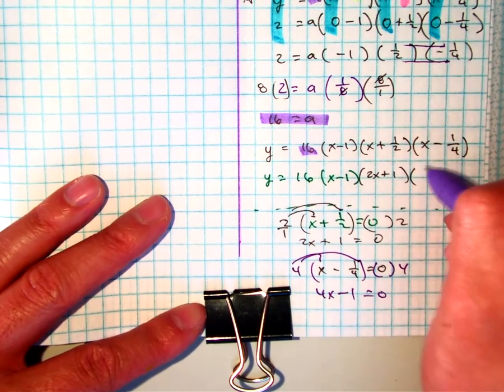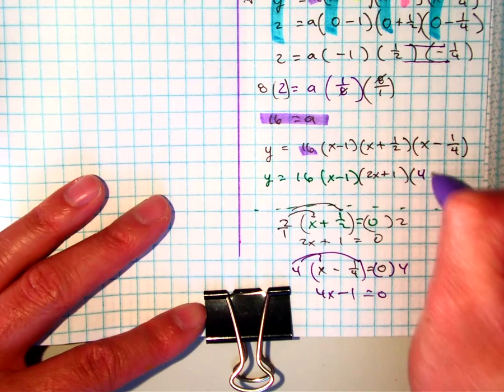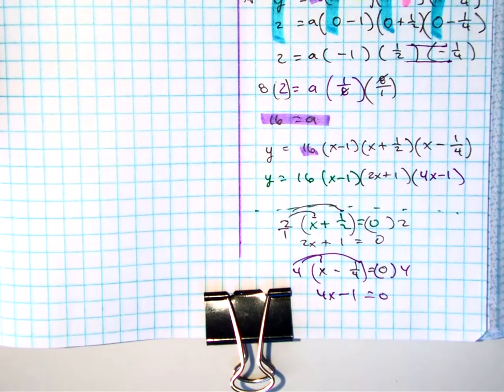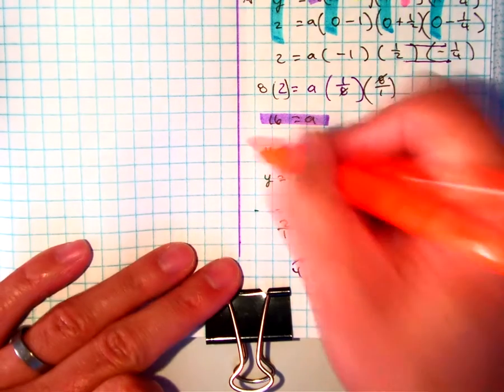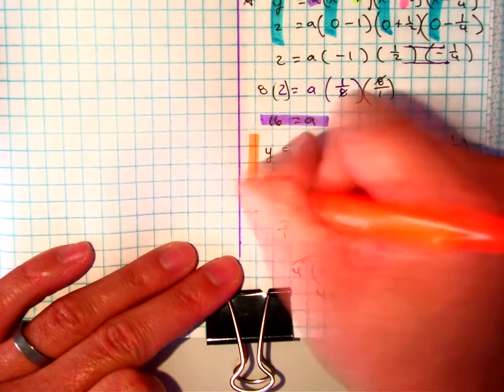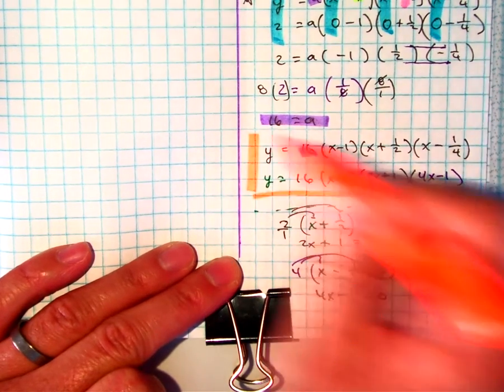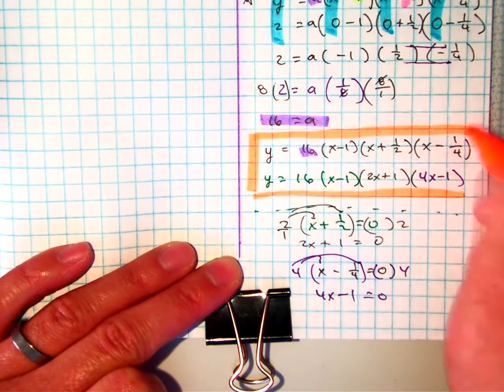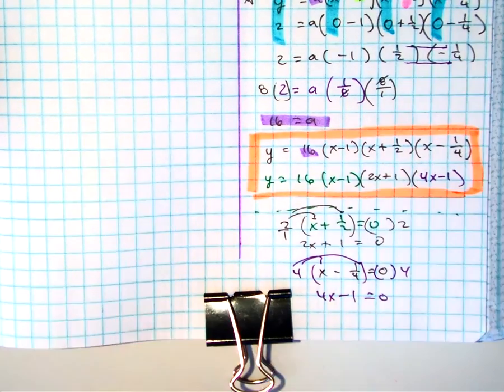So you can change this one to be 4x minus 1. So here is our polynomial given that information. Either of these answers in orange is acceptable. Probably the bottom one is preferred because you're going to see that more often.